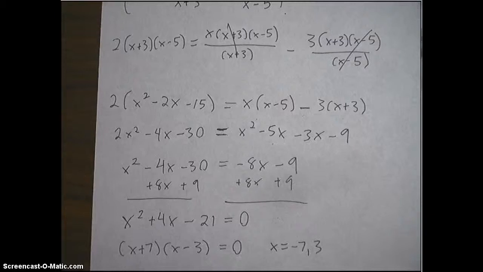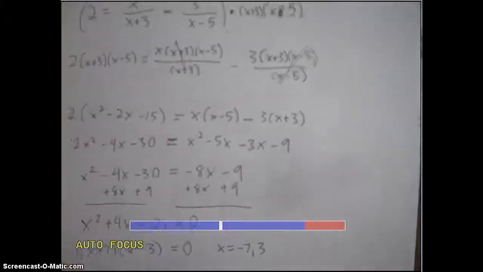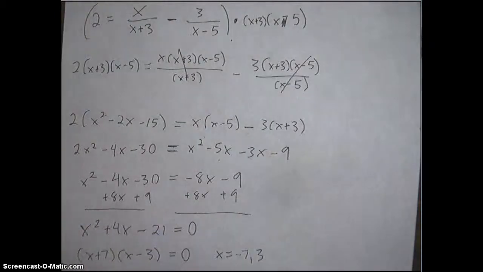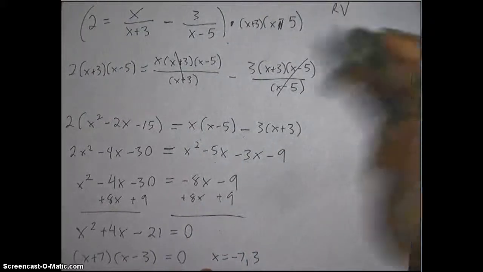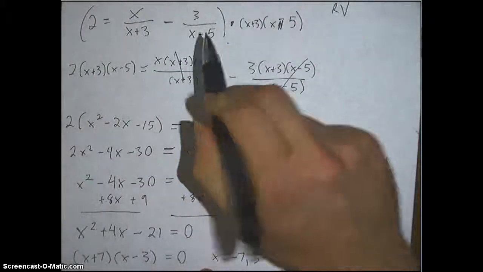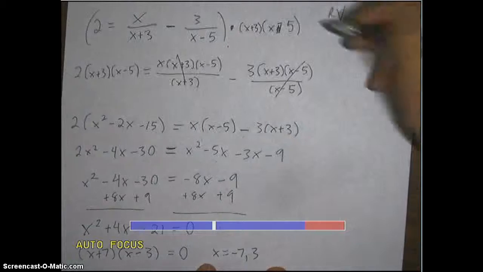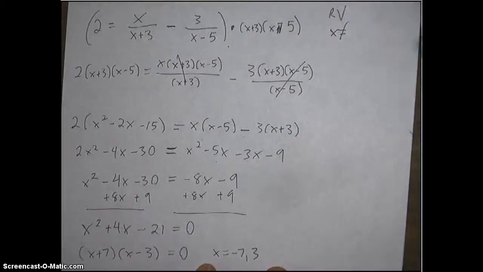But I skipped a step at the beginning. Did you notice? Up here, I didn't find my restricted values. Let's do that real quick. Look at the denominators. X cannot equal negative 3 or positive 5. Now, does that affect us at all?